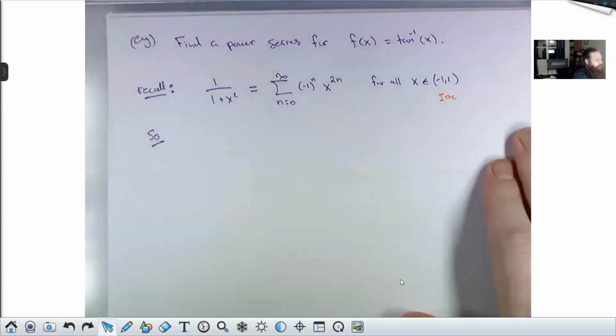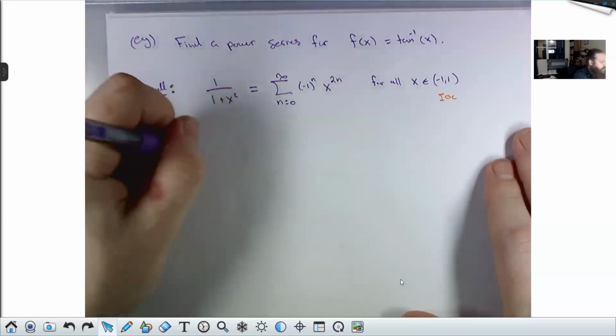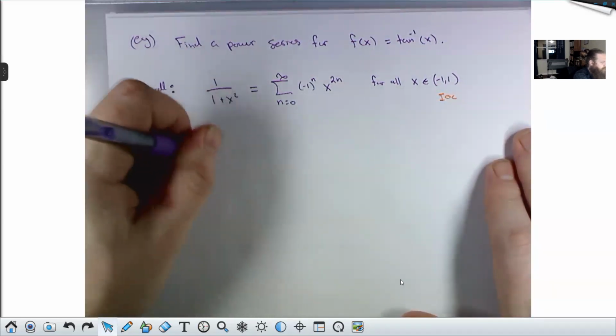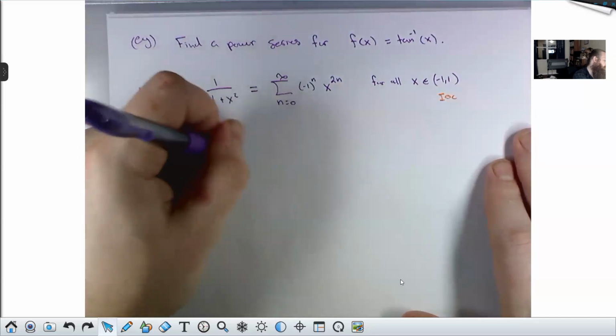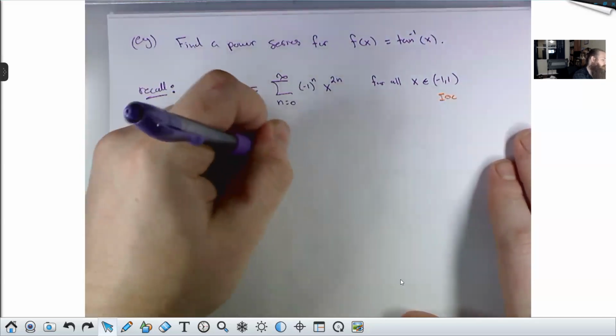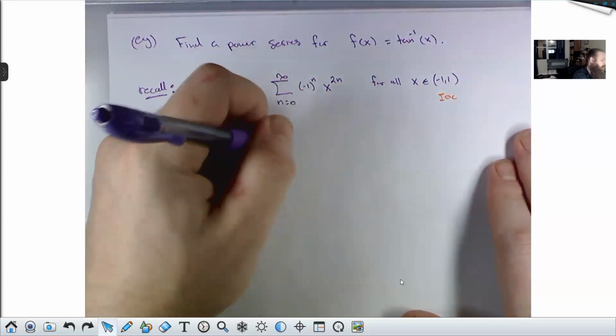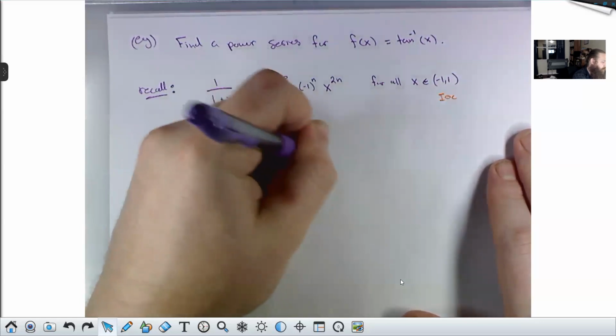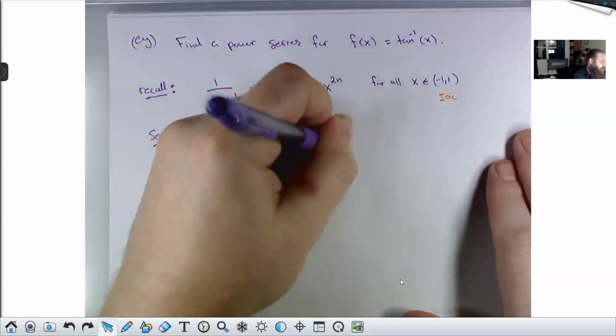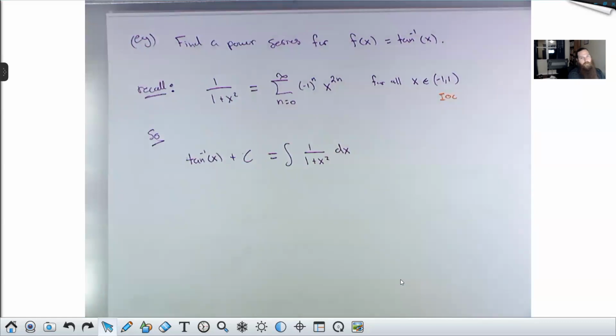So I know that the inverse tangent of x plus c is equal to the integral of 1 over 1 plus x squared dx, kind of thinking backwards. This is a fact. We know this. This is something you've known since the end of Calc 1.